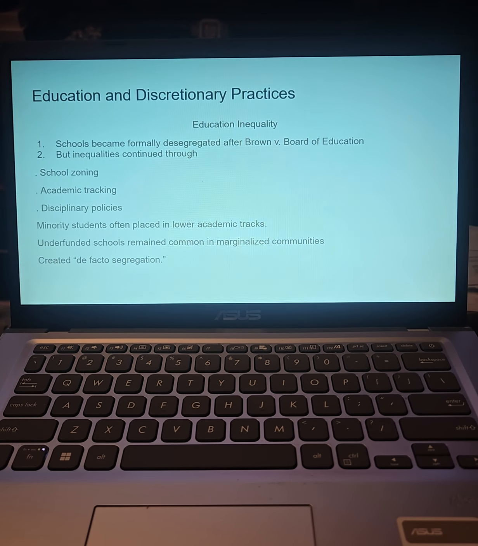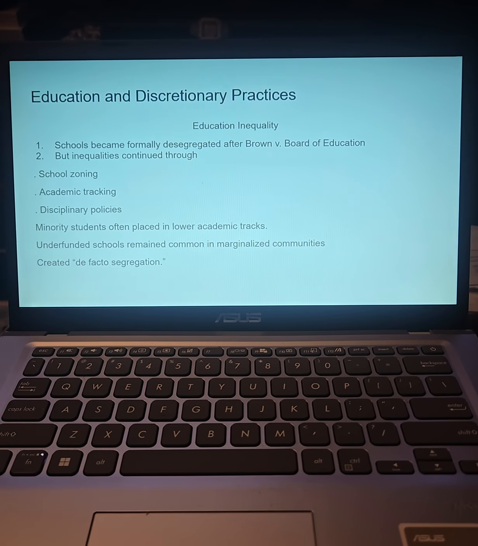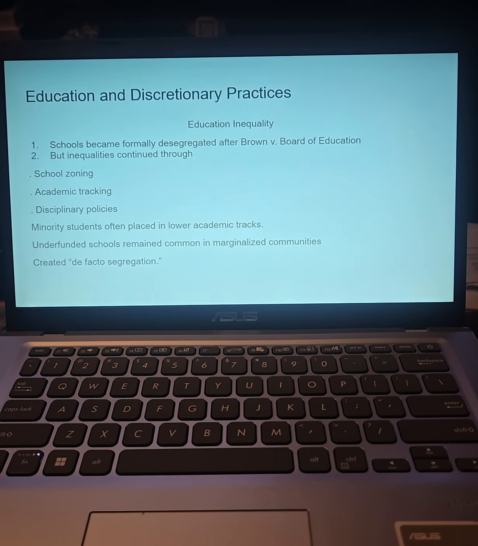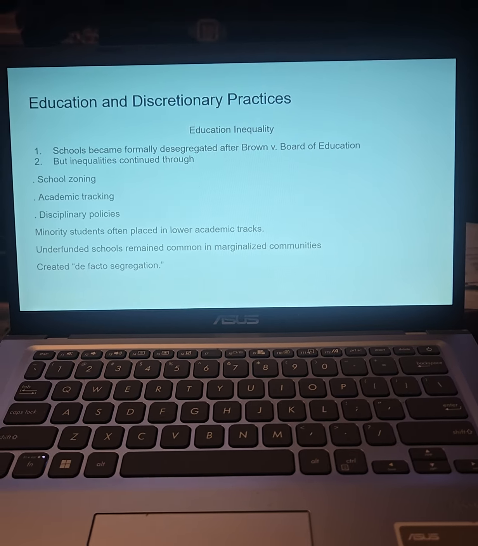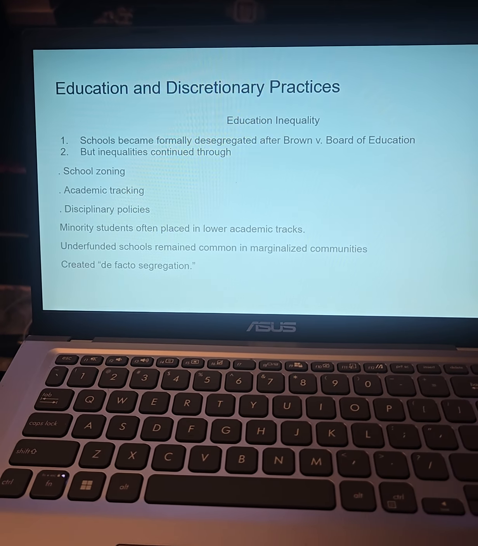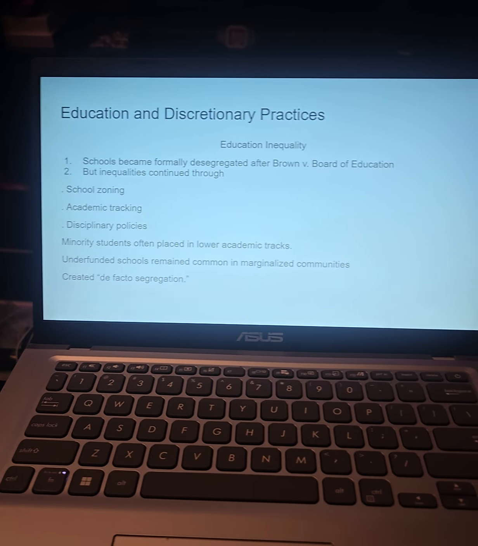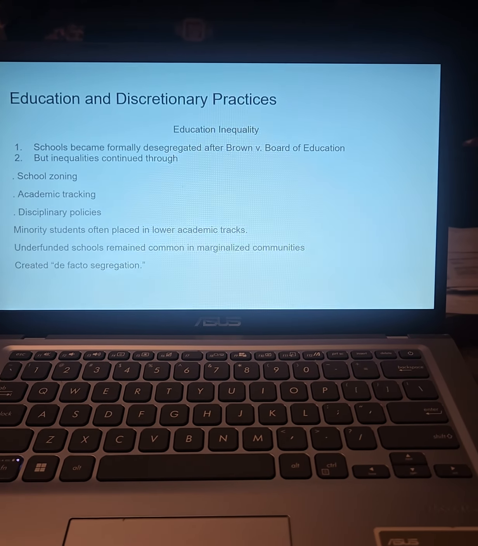School zoning, basically what they did was they had schools where a lot of them were being underfunded. For example, schools that were predominantly African American were pretty much underfunded compared to schools in predominantly white neighborhoods, where they get more funding.